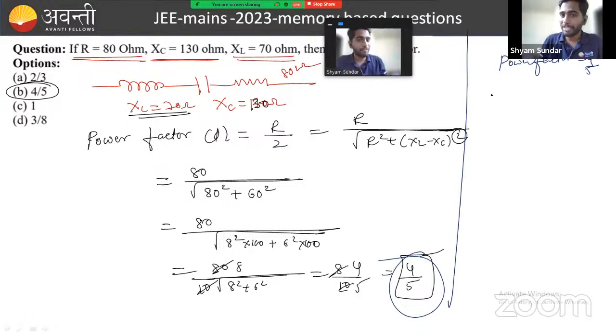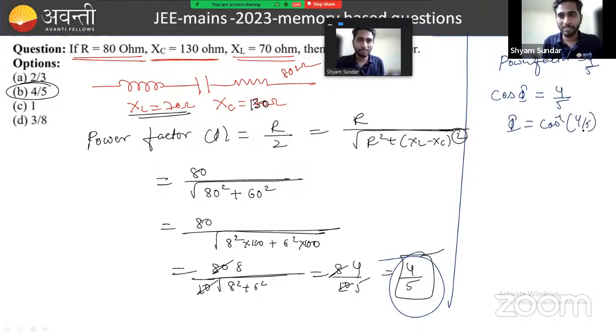Power factor means we say this as cos phi. They may ask for the angle, the phi angle. At that time you need to find the angle also. That's why I'm writing cos phi is equal to 4 by 5, or else phi is equal to cos inverse of 4 by 5. Cos inverse of 4 by 5.